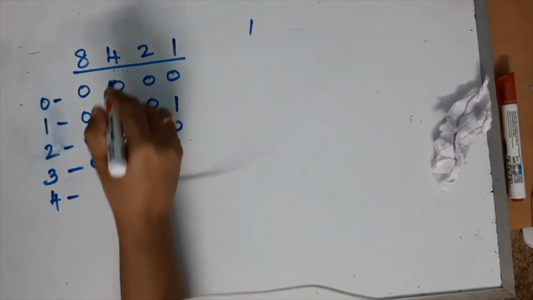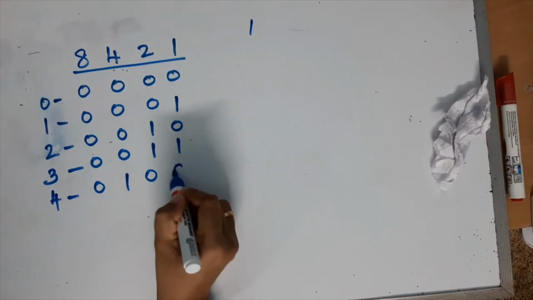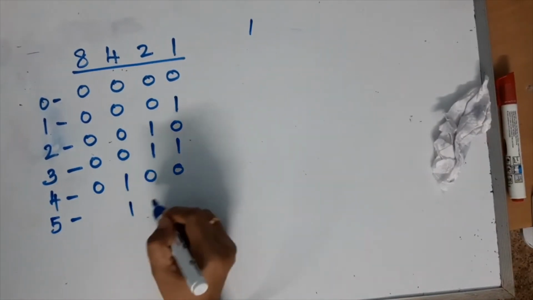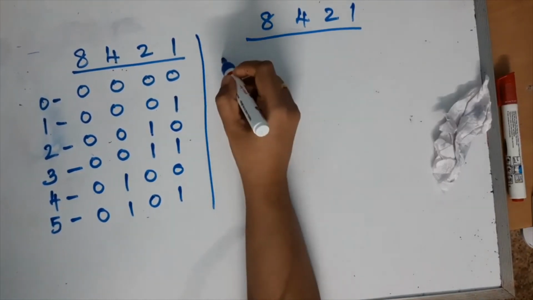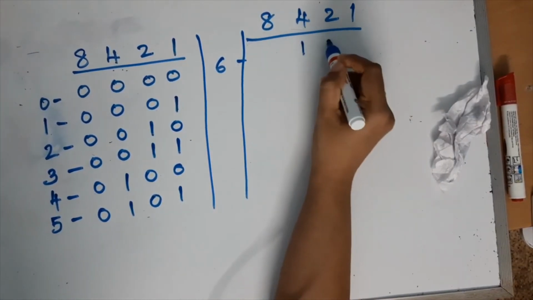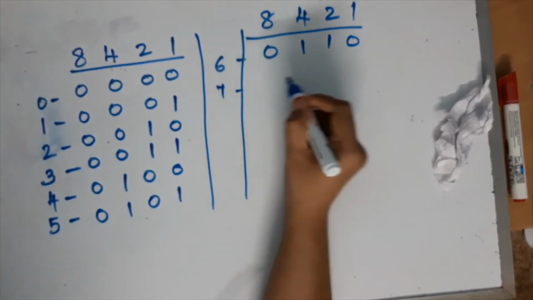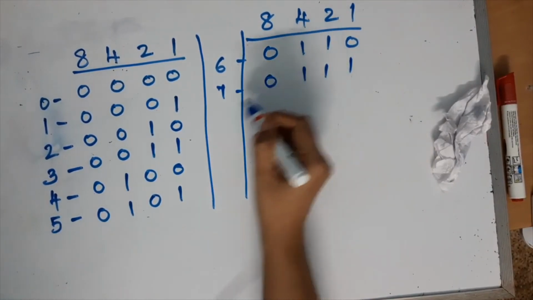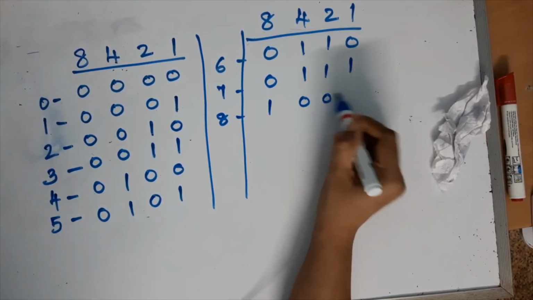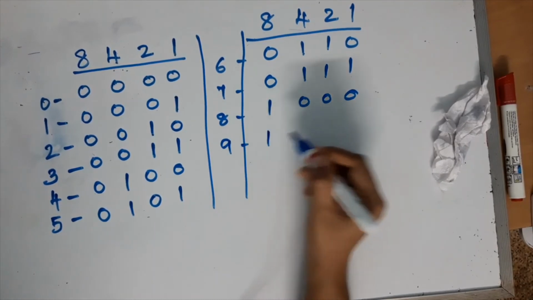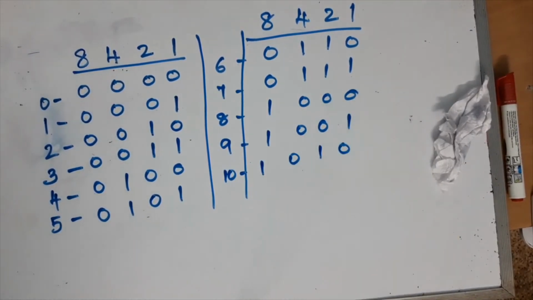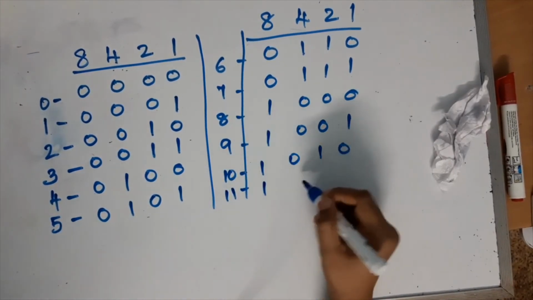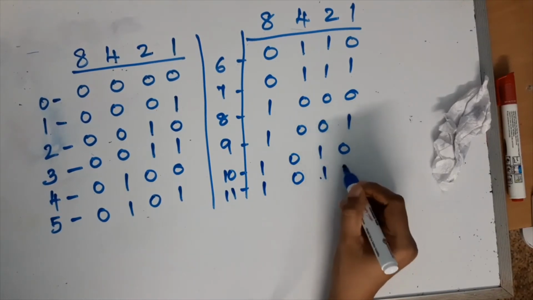And 4 means you have a 4 here, so a 1 below that, rest is 0. 5 is 4 plus 1, 4 and 1, and 6 means 4 plus 2, 7 means 4 plus 2 plus 1, 8 means 8 and rest is 0, 9 means 8 and 1, so the rest is 0, 10 means 8 and 2, rest is 0, 11 is 8, 2, 8 plus 2, 10, plus 1, 11.